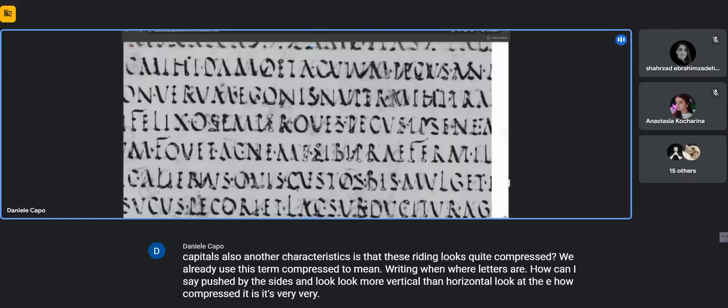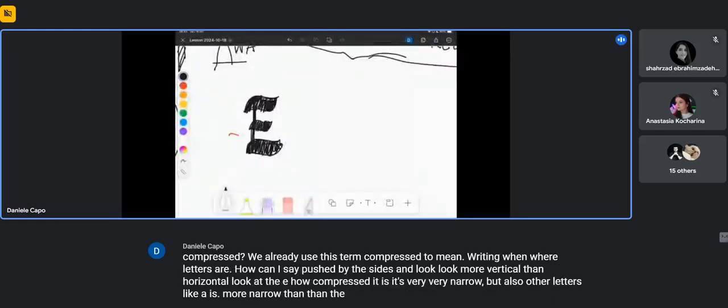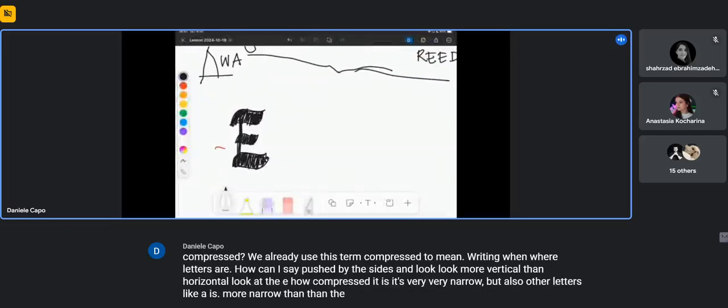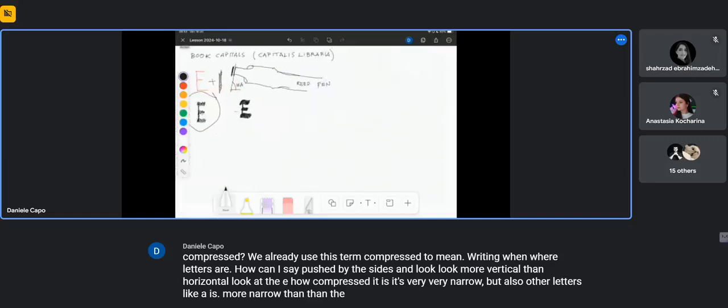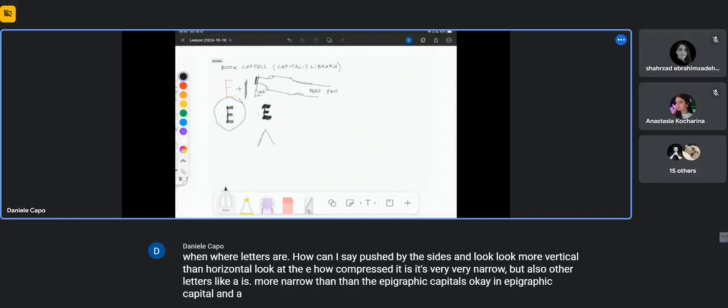It's very, very narrow. But also other letters like A are narrower than in the epigraphic capitals. In epigraphic capitals, an A is made in this way.